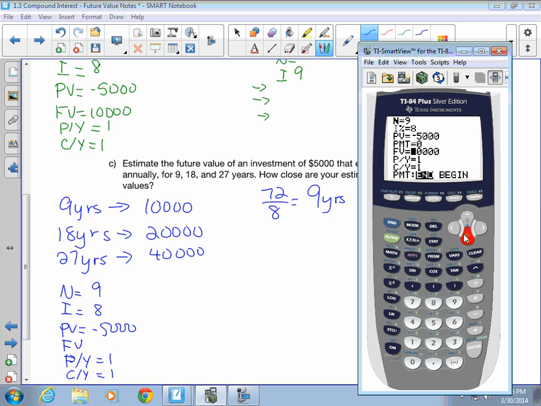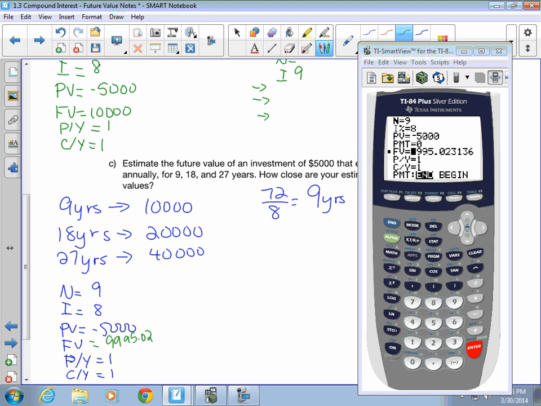We want to find our future value, sorry, put this to 0, then alpha, enter, for the future value. By calculations, your actual future value would be $9,995.02, so $5 off the double.